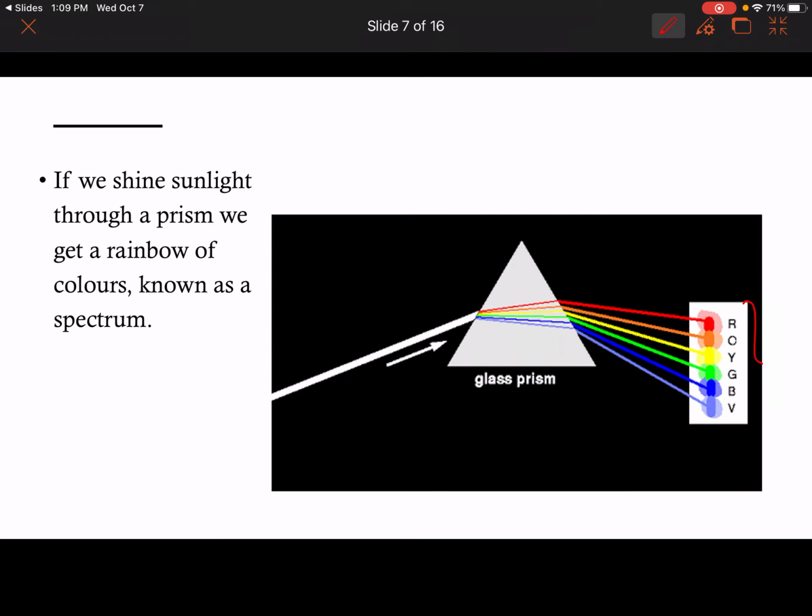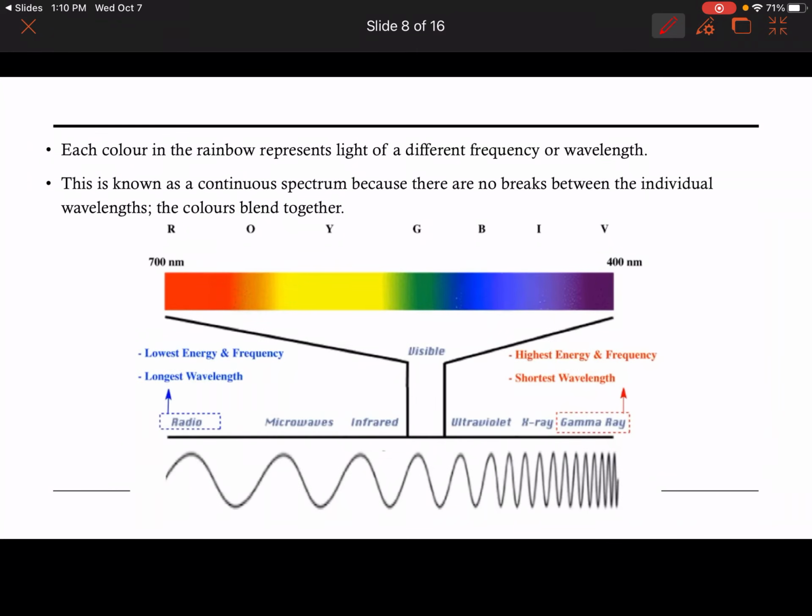So you can write your ROY G. BIV right on that little spectrum diagram in your notes. So red, orange, yellow, green, blue, and violet. And sometimes we have an I in here for indigo too, which is just in between the blue and the purple. Now, each color in the rainbow represents light of a different frequency or wavelength.